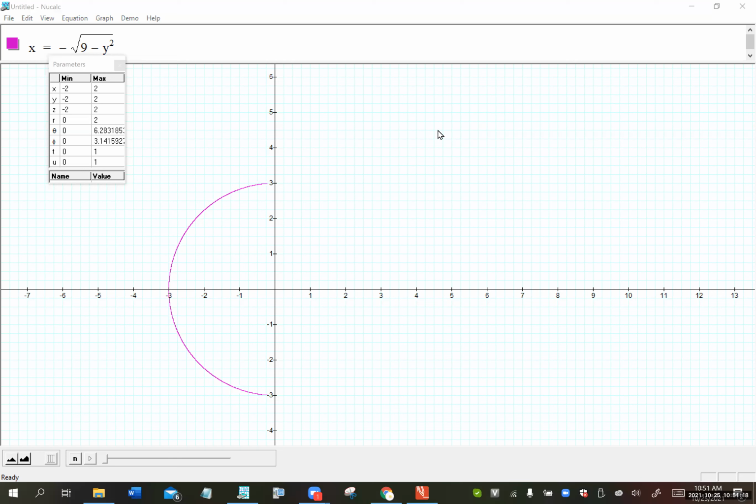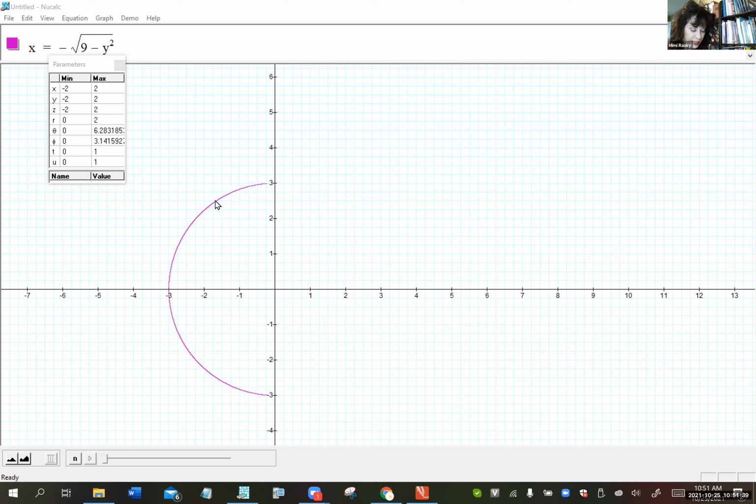Okay, so I would like to just say that something is going on with my graphing calculator. Some people are having no problem with it, but let's go ahead and just work with x equals negative square root of 9 minus y squared, okay?